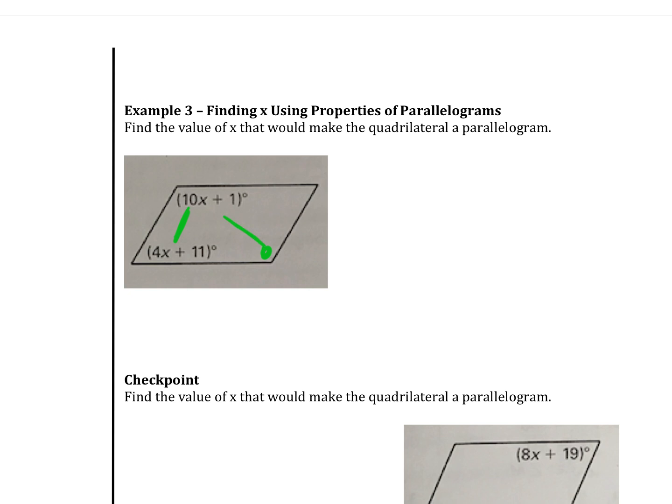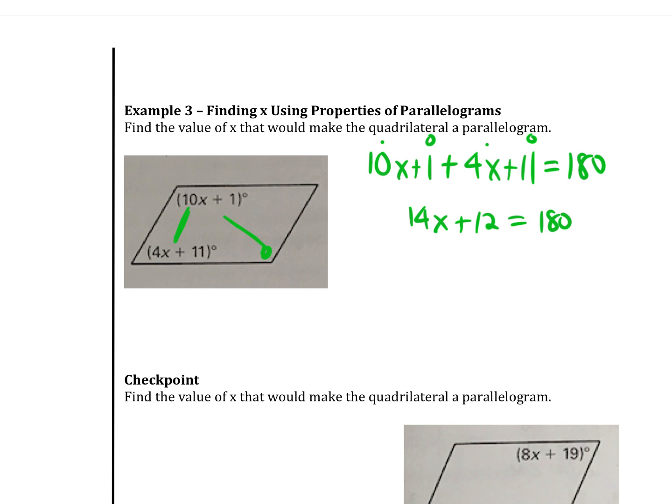So what are we going to do with consecutive angles? We're not going to set them equal, we're going to add them up to 180, they're supplementary. So 10x plus 1 plus 4x plus 11 equals 180. Combine like terms: 10x and 4x, 1 and 11. We get 14x plus 12 equals 180.